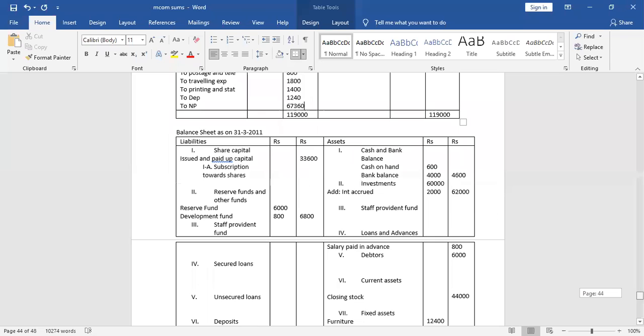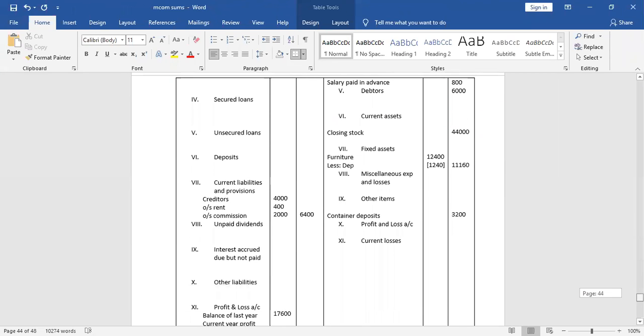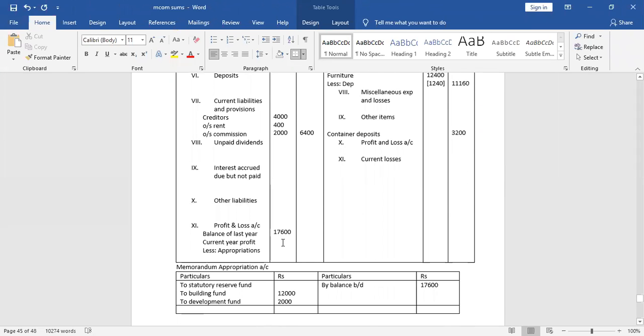This current year profit will come here. Current year profit 67,360. When we add, what will we get? We will get 84,960.